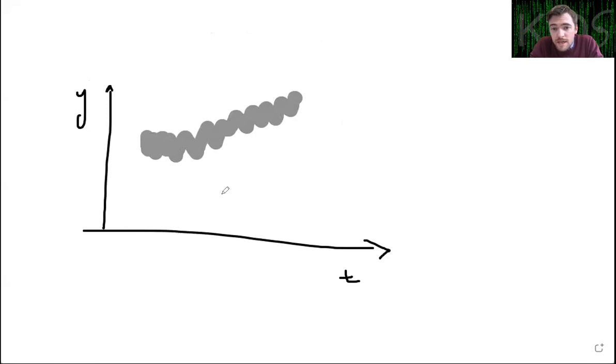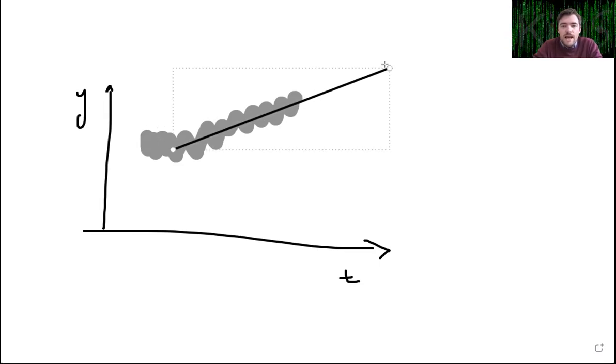Now, if we wanted to make a prediction about the future values that y could take, we might just do a simple regression or linear fit, where we essentially fit a model to this distribution, and we then say that at time t future, the value that I expect y to have is going to be, say, this one here, right?